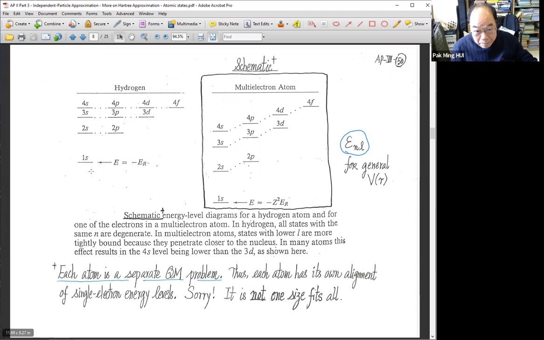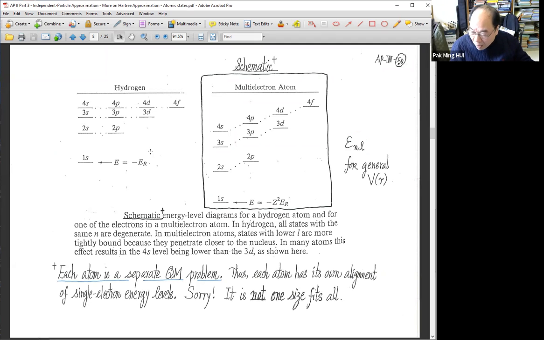Schematically, for other atoms, it looks different from hydrogen. Hydrogen is a very special case. It only depends on n. It is accidental. It is due to the exact form of the Coulomb potential. So it relies on more information than a central V of r.